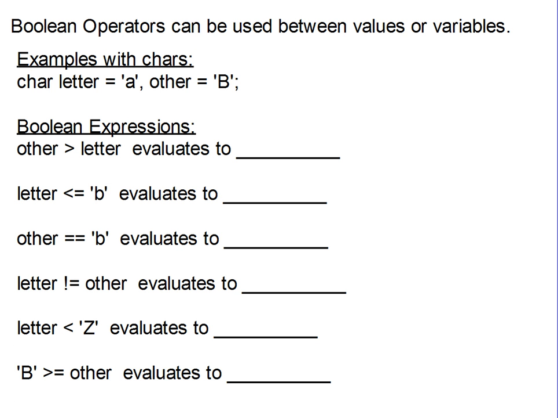So let's take a look at some Boolean expressions with characters. I've got two variables here, letter and other. One's a lowercase, one's uppercase. So if I'm saying other is greater than letter, the question I'm asking is, is capital B greater than lowercase a? And really what it's asking is, is 66 greater than 97?